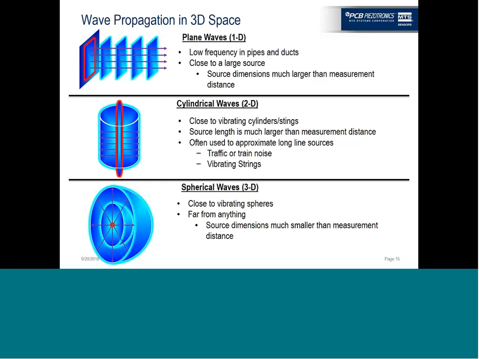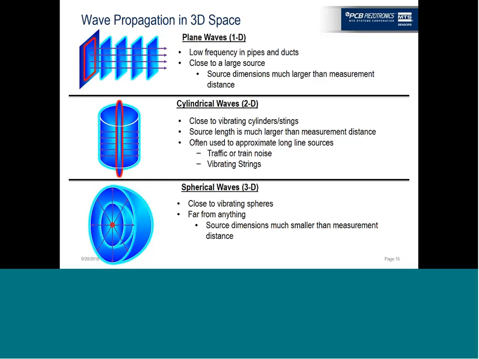And then lastly, you have spherical waves, which again, you could use spherical coordinates in your wave equation. Close to vibrating spheres. But we normally look at it like, okay, we like to treat our sources like they're point sources, mostly because they're easy to model.